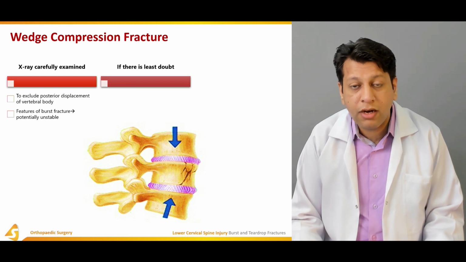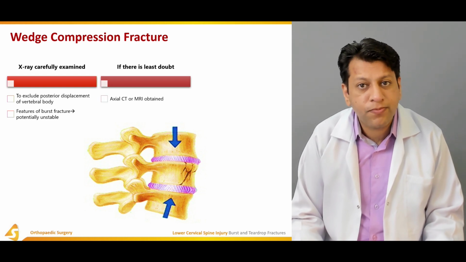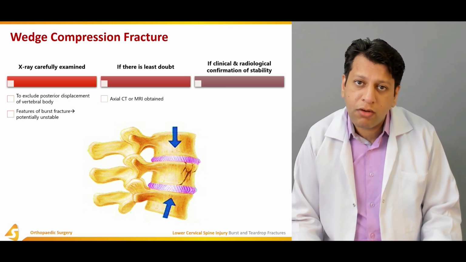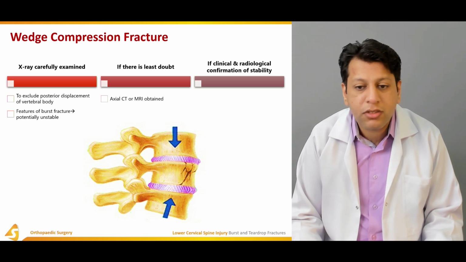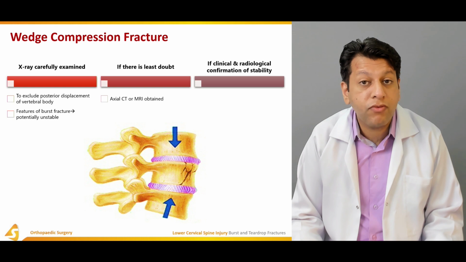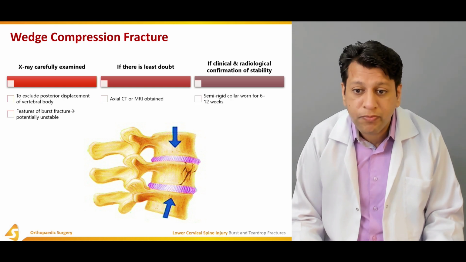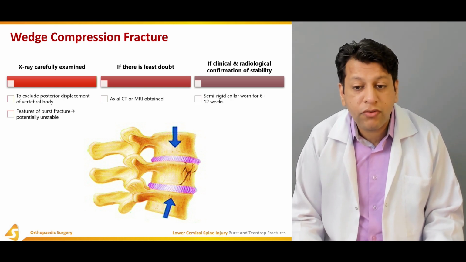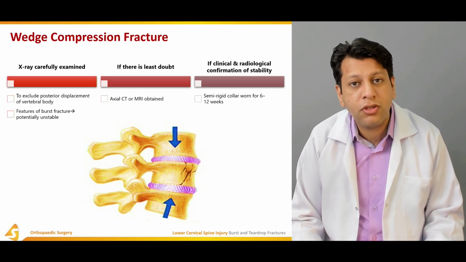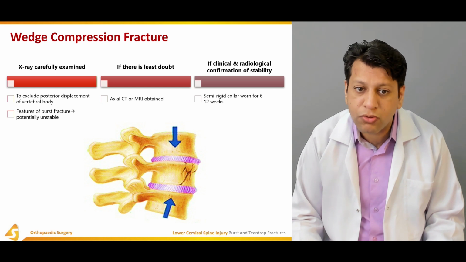And if you are in doubt, always go for a CT or MRI. CT would tell us the morphology of the fracture, MRI would tell us the discoligamentous complex status. If there is clinical and radiological confirmation of stability, if the fracture looks stable, we can go for a semi-rigid collar for 6 to 12 weeks. But if it looks unstable, it needs fixation through anterior as well as posterior approaches.